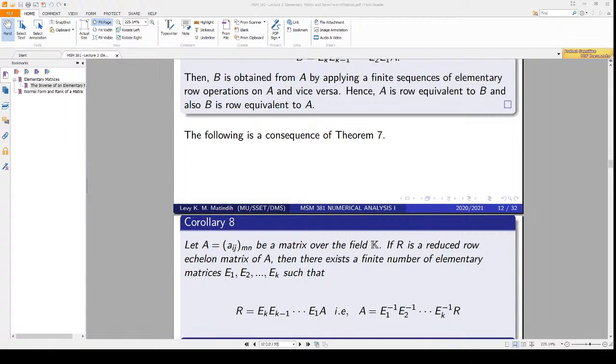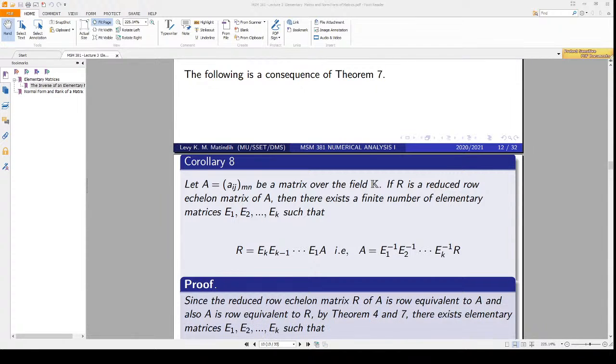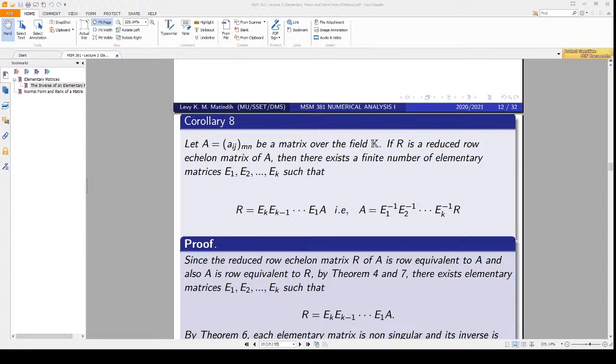This corollary is a consequence of theorem number 7. The proof is there, so you're going to go through the proof and understand the concept. What we are saying is, let A be an m by n matrix.